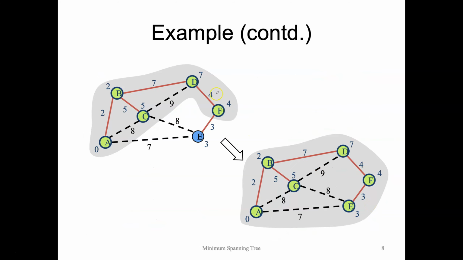Let's see that. So once this edge is relaxed, we update E's distance label, so we're no longer using that other edge that we were before to get to E. And now we add the remaining vertex to our cloud, and we have no other incident edges to consider.